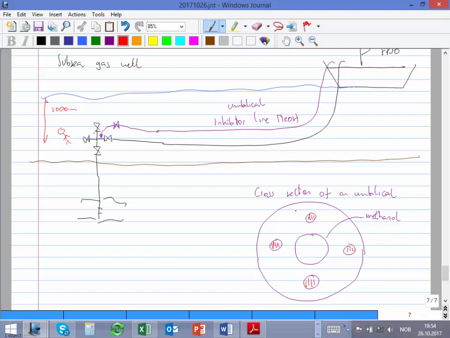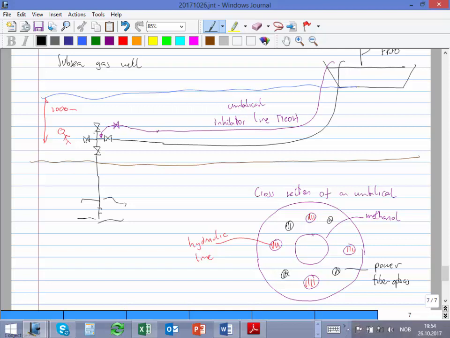So you have to do it with the hydraulic line. Then you have some other small lines in between that can carry small power. They can carry fiber optics to transmit sensor data, etc.